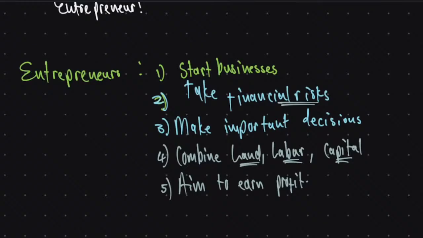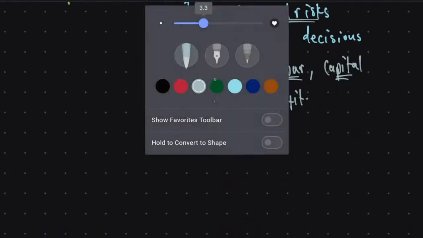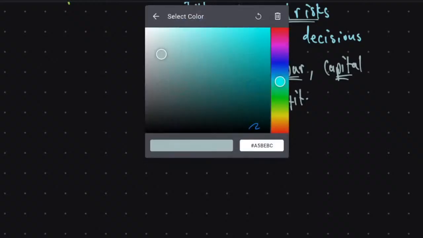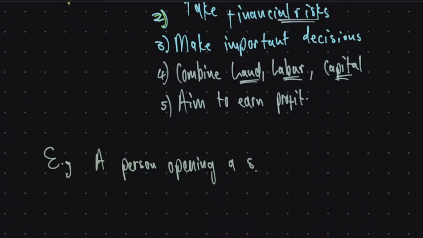Okay? So when you're taking risks, you buy things, you hire, for example, a person opening a restaurant. A person opening a restaurant.